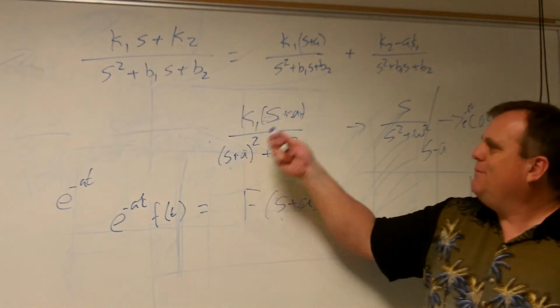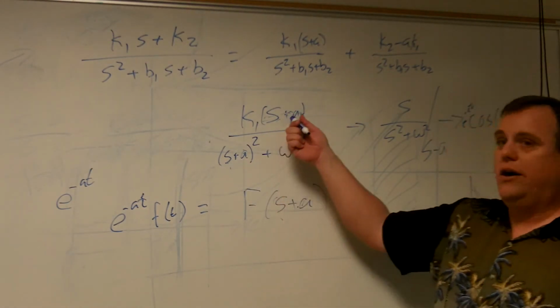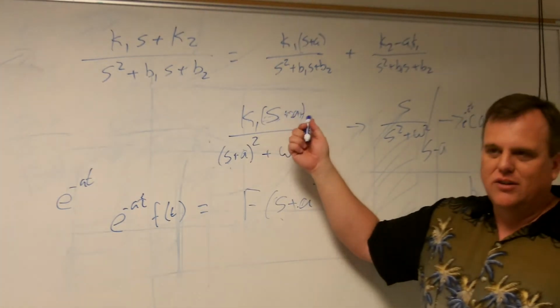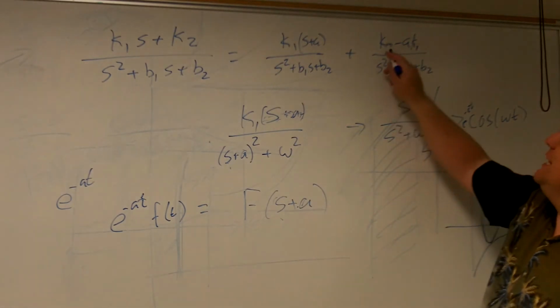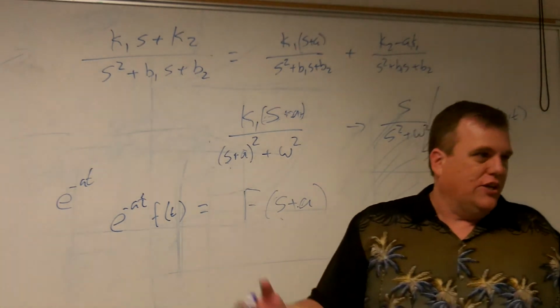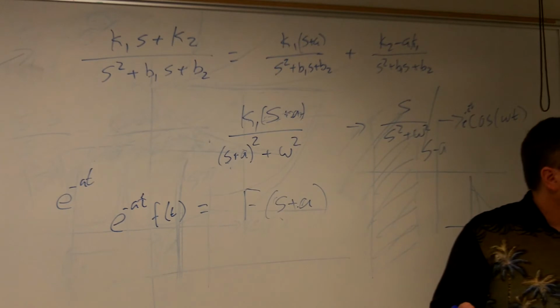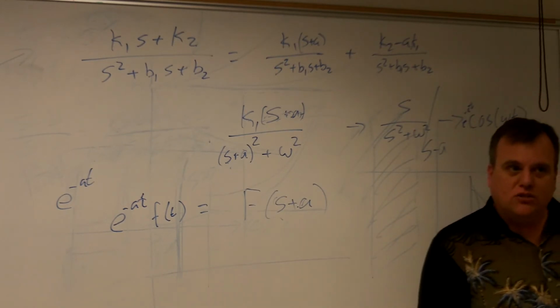The property is every S replaced by S plus A. So I said, okay, well, in order to get a plus A up here, I got to do plus A minus A. I got to get rid of the minus A. Let me just stick it on the other term. And I just get K2 minus A times K1, but that's all just a number. I just get a new number, but what do you care what number it was? Right? So that's kind of the rationale behind it. Does it make sense?